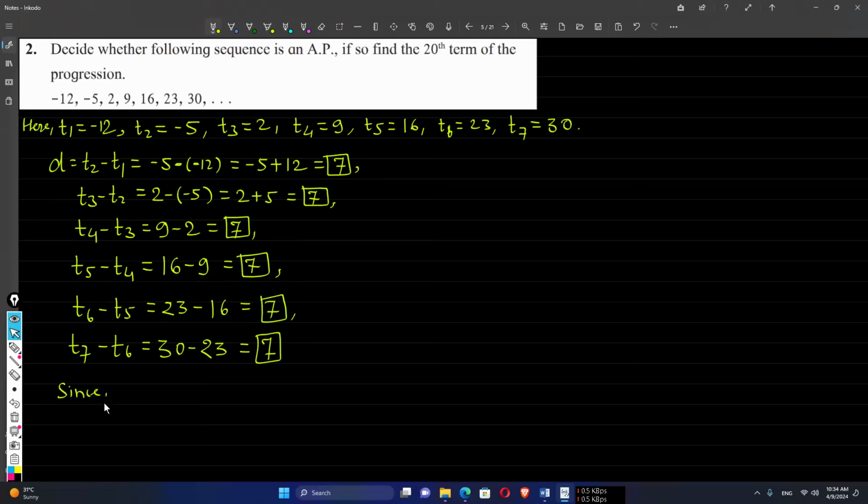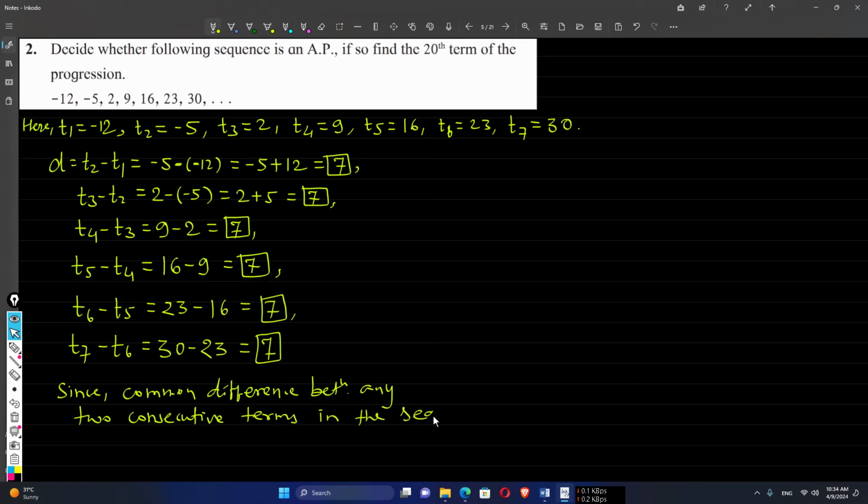Since d, the common difference between any two consecutive terms in the sequence, is the same or constant, that is 7. Therefore, it is an arithmetic progression or AP.